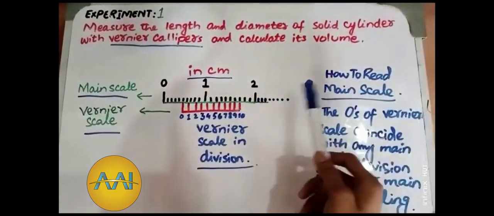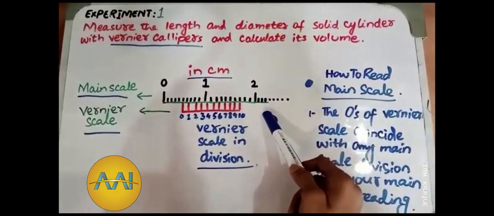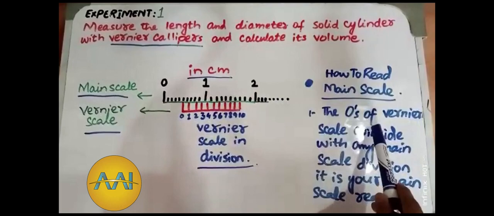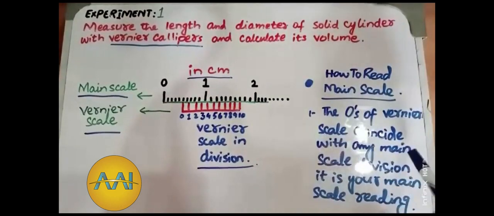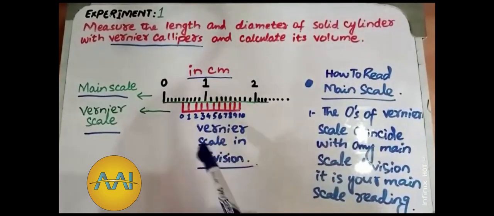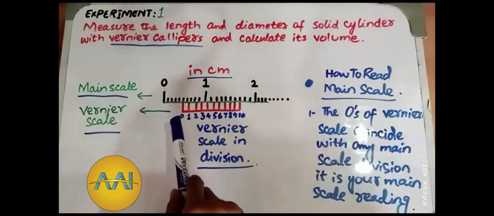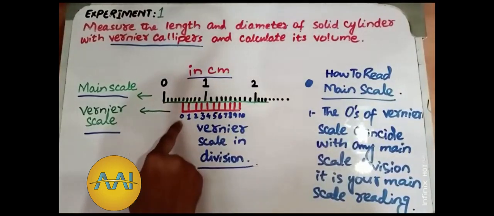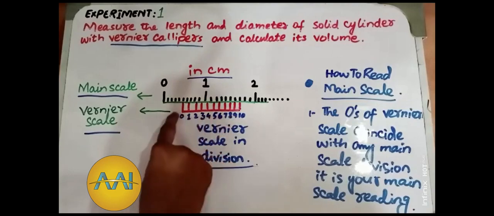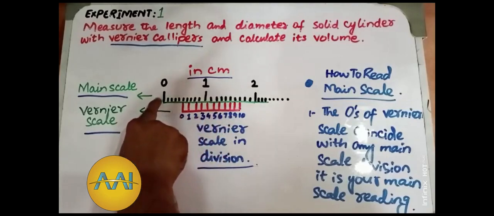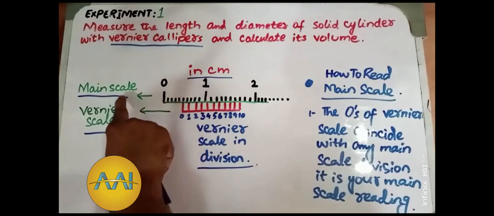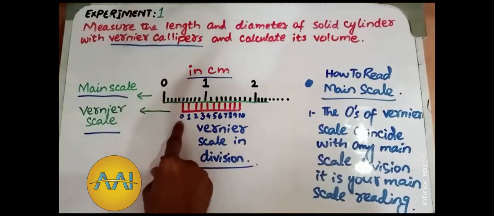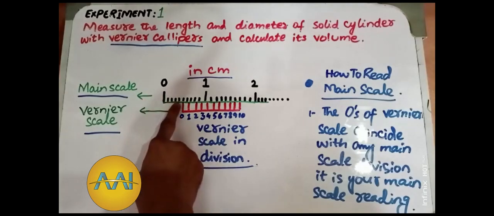The rule of reading the main scale is that the zero of the vernier scale coincides with a main scale division. It is your main scale reading. Let's see what I am trying to make you understand. The red one, this 0, is the vernier scale, whereas the black marking represents the main scale reading.